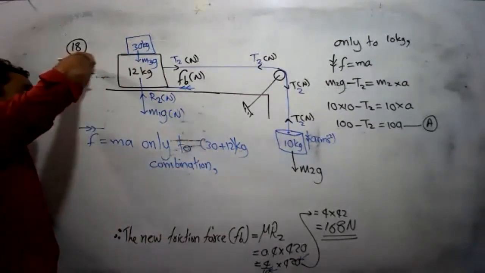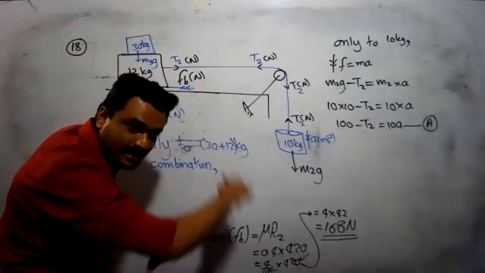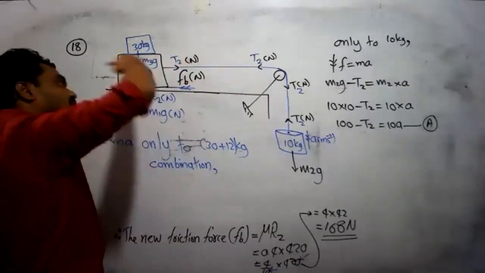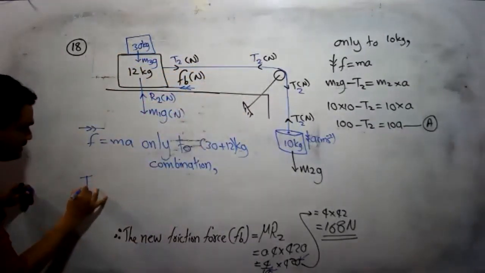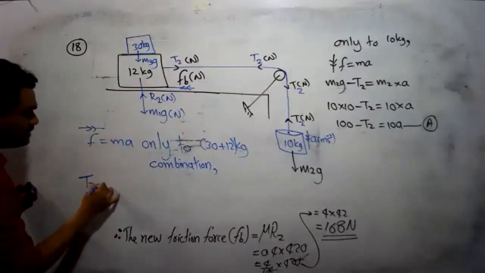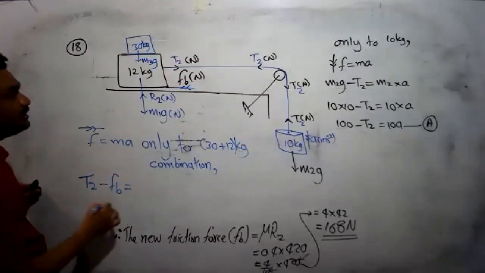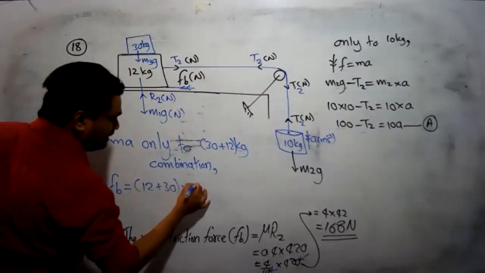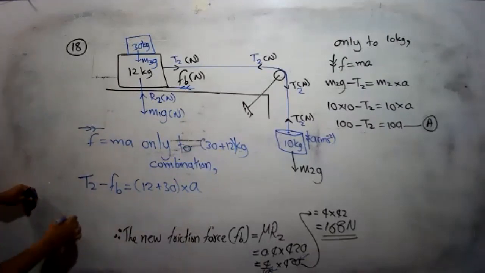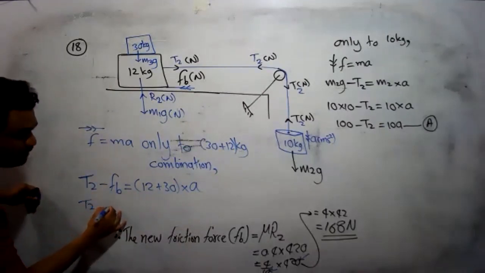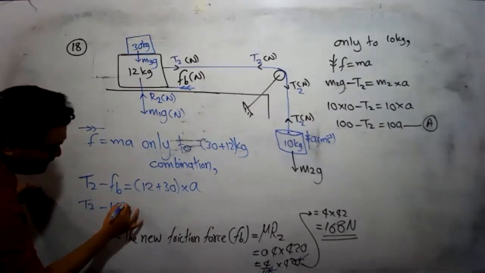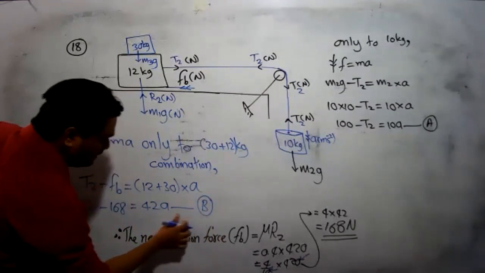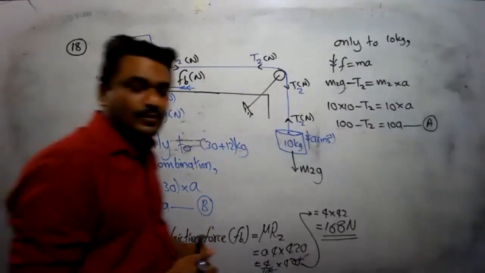Check the horizontal forces acting on this combination: T2 and the friction force. The tension force acting to the right hand side is T2. The friction force acts against the motion. F equals the total mass, 12 plus 30, times the acceleration. We don't know what T2 is. The friction force we know as 168. So T2 minus 168 equals 12 plus 30, 42 times A. Let me mark this as B. Write them, dear.